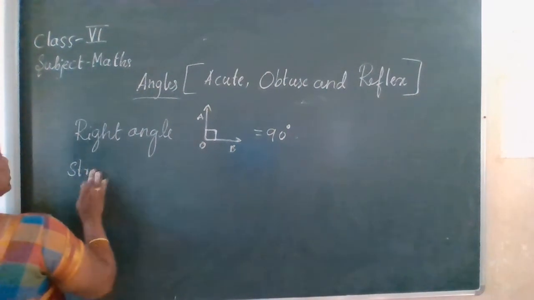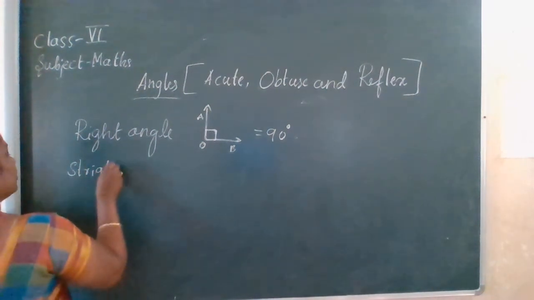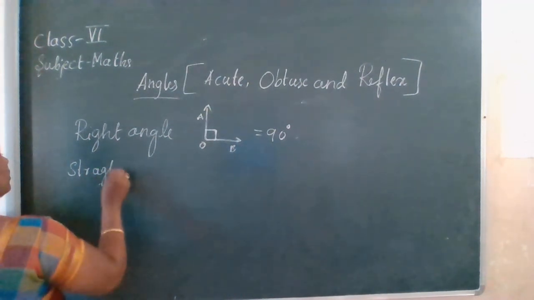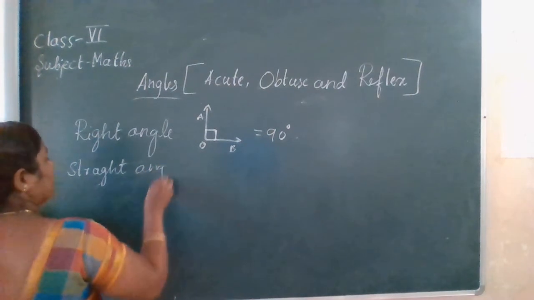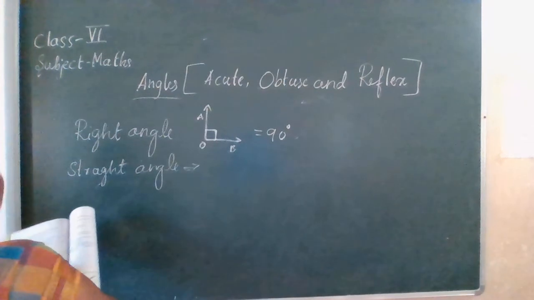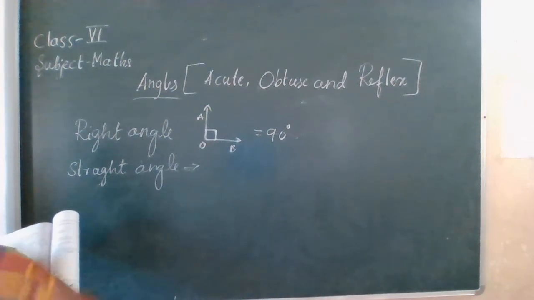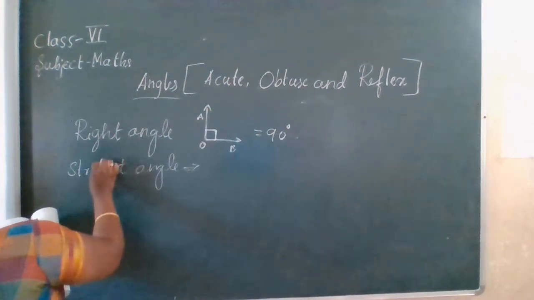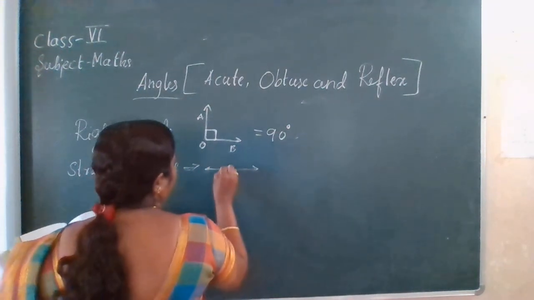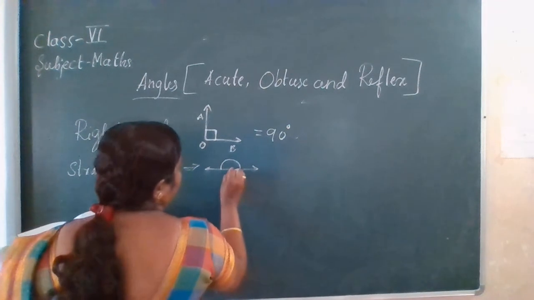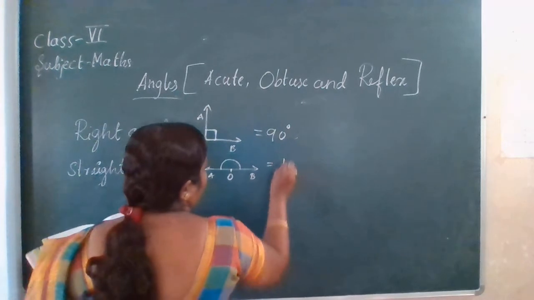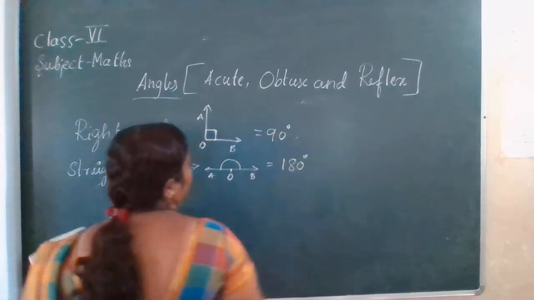Straight angle means the angle OAB is equivalent to 180 degrees.